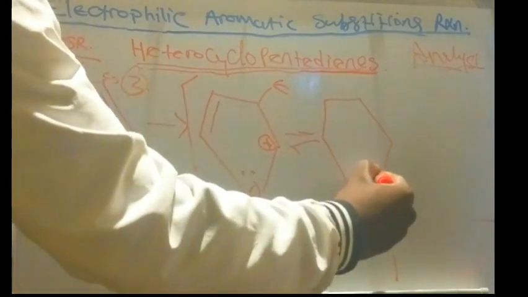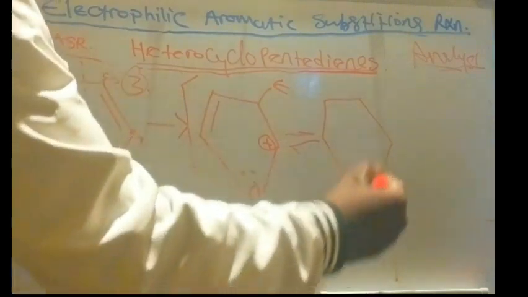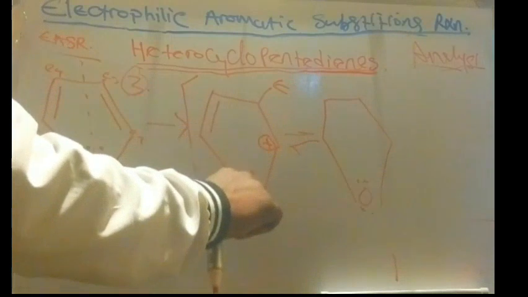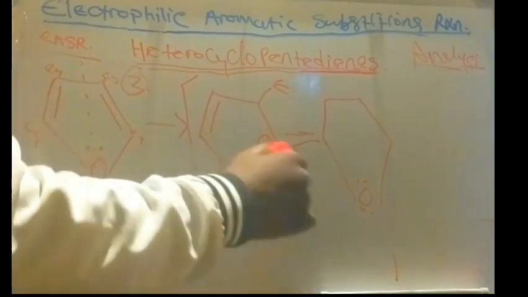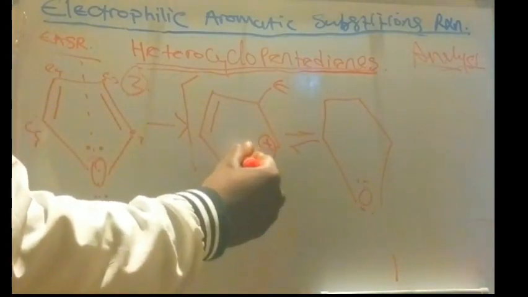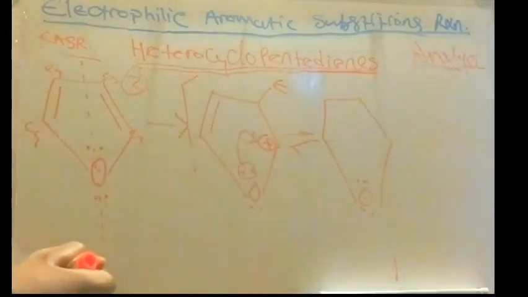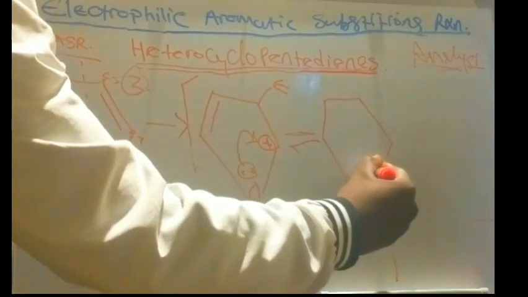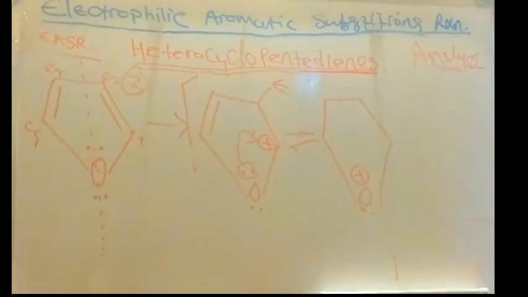So adjacent to this positive charge, we see there's a lone pair system. We utilize this lone pair to stabilize this positive charge. In using this lone pair, oxygen then loses a lone pair, so it gets a positive charge as a result.